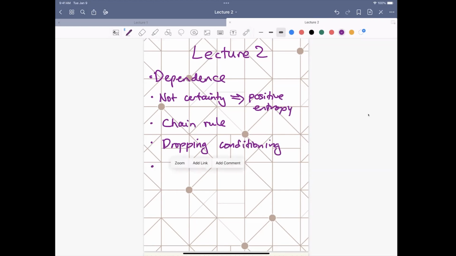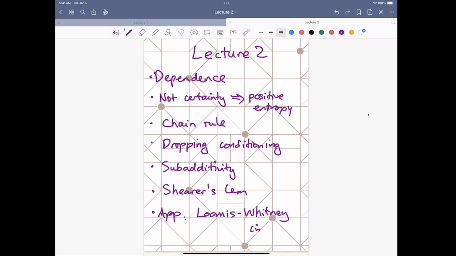Using dropping conditioning, we can then prove subadditivity. Subadditivity is a special case of Shearer's lemma. Then an application to the Loomis-Whitney inequality. Okay, this is today's material.